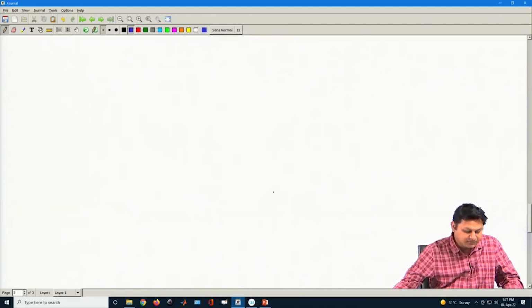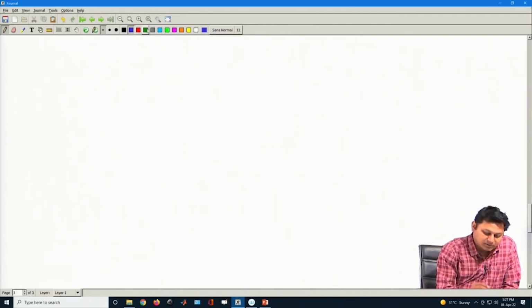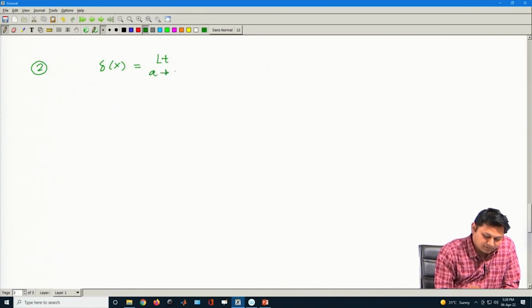For example, I am just giving one function, and that is this one. The delta function can also be considered as the limit a tends to 0 of 1 by mod of a root pi, and then e to the power of minus x divided by a, whole square.